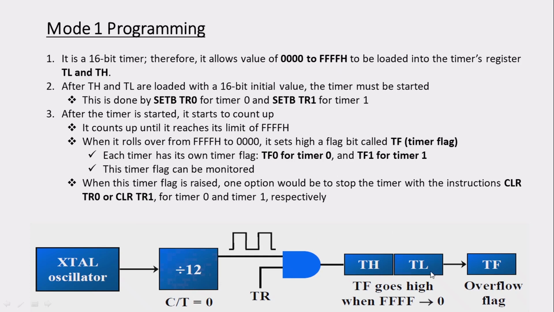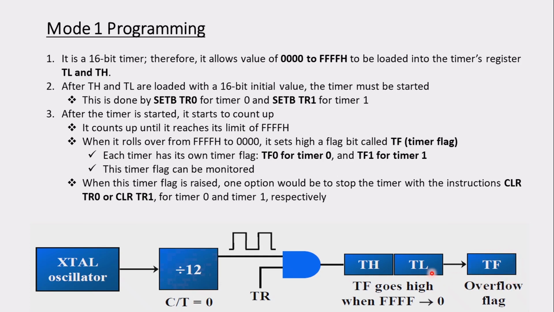Suppose you have loaded the register to be 0000 hexa, then it starts counting from 0000 hexa till it reaches FFFF hexa. Once the value has reached FFFF hexa, there will be an overflow, right? Once there is an overflow, the timer flag, the TF flag, is going to be high.